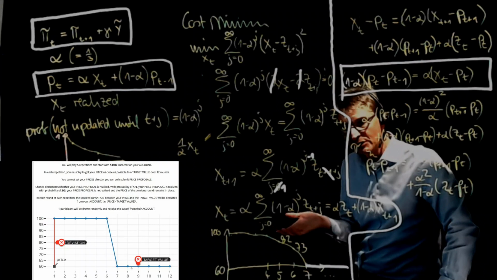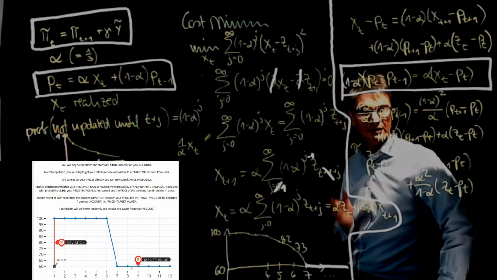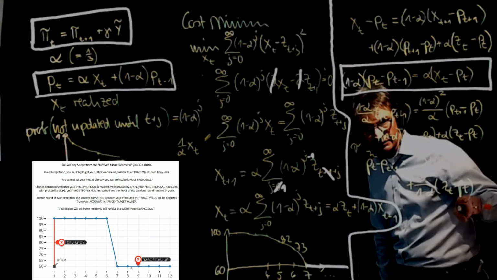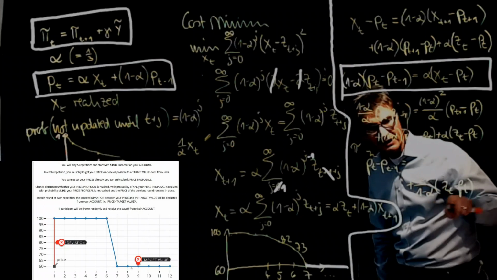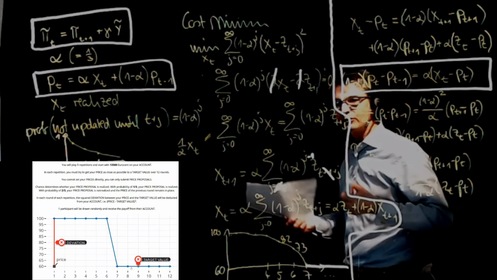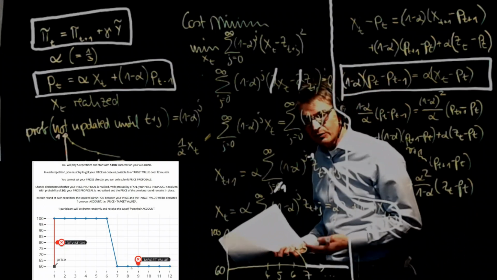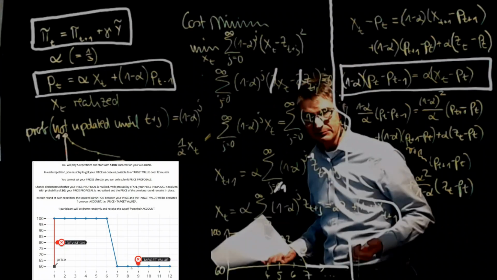So on average, you will have a price that is higher. So you have the 60 here and something higher here, which means the whole term is negative. And that corresponds to a negative output gap. You will have a recession.